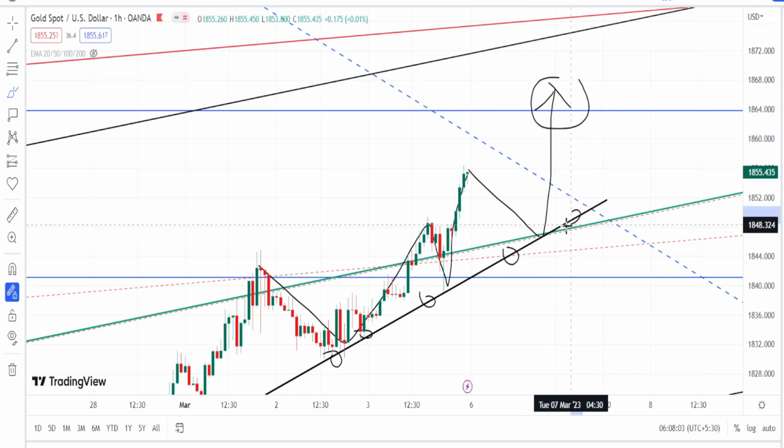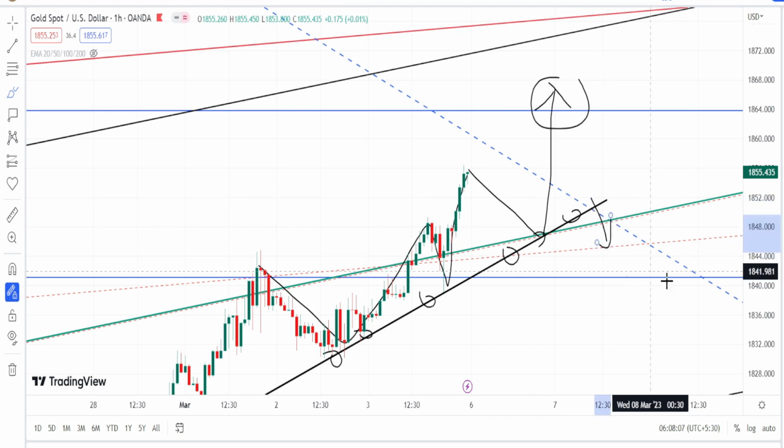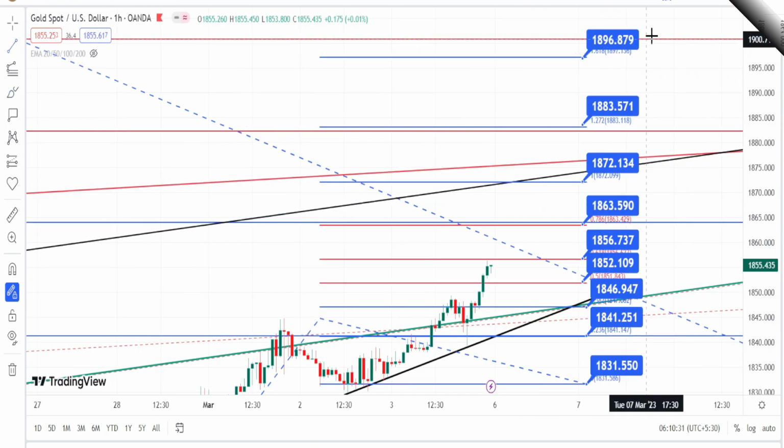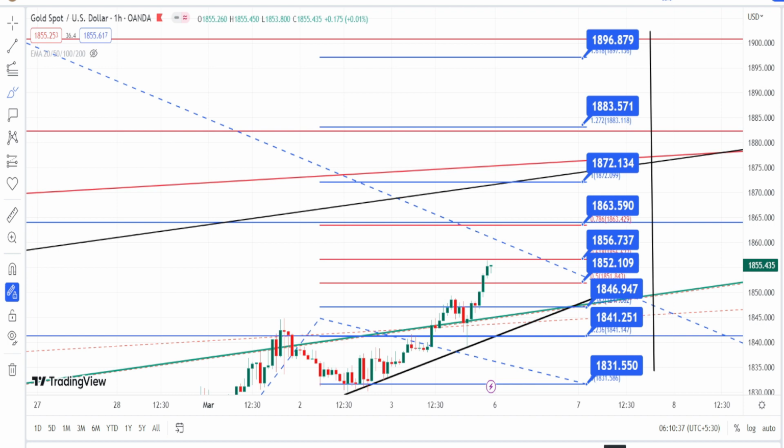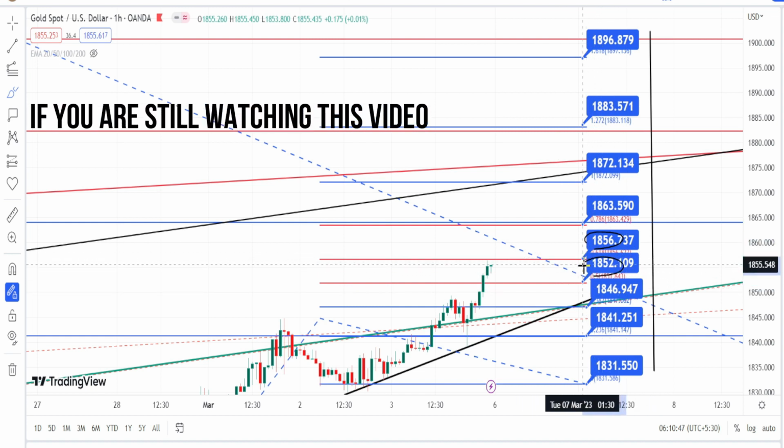And once the price action breaks this trend line, we can expect the bearish side retracement to start in hourly time frame. The values within these blue color boxes are the resistance and support levels for current price action in hourly time frame. And currently the price action is trading between the resistance level of 1856 and support level of 1852.